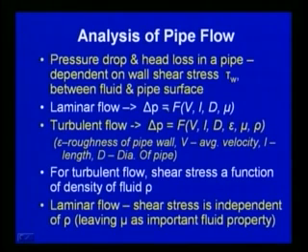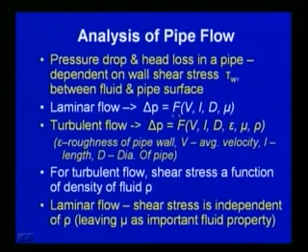Similarly, for fully developed turbulent flow in a pipe, delta P, the pressure drop or head loss, will be a function of the average velocity V, the length of the pipe L, diameter D, the roughness of the pipe wall, the coefficient of viscosity mu, and the density.